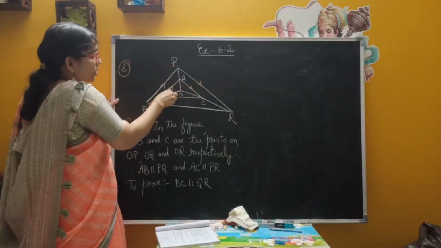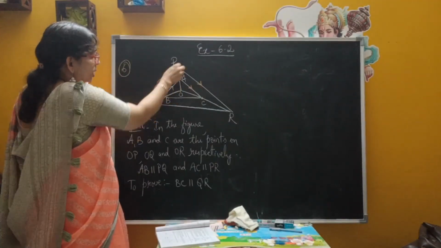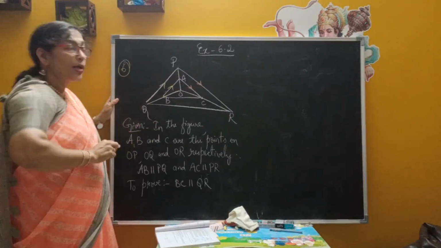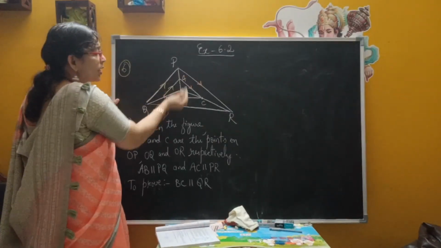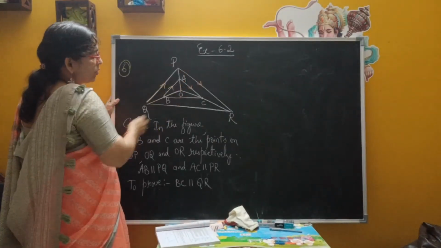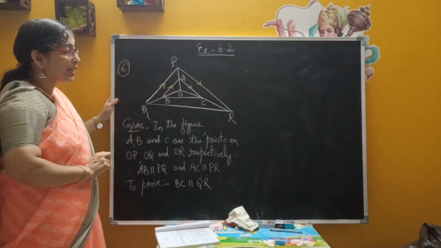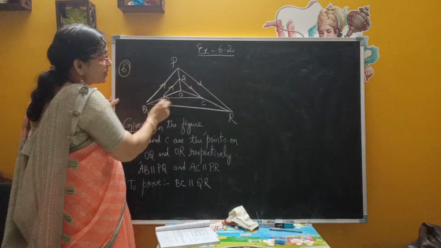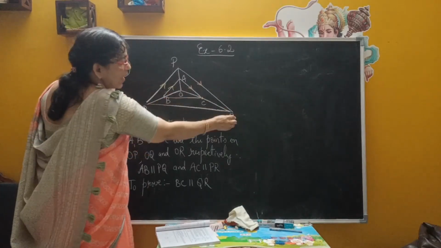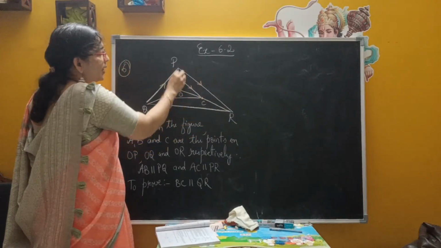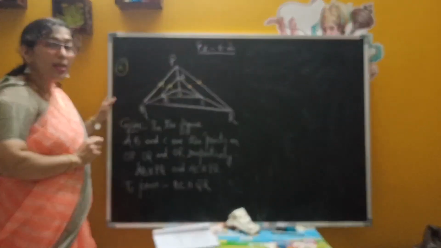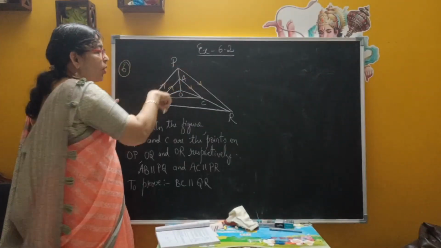Now in POQ, AB is parallel to PQ. Then what do you write? The ratio OA by AP is equal to OB by BQ. In the next triangle, OC by CR is equal to OA by AP. So OA by AP is common.